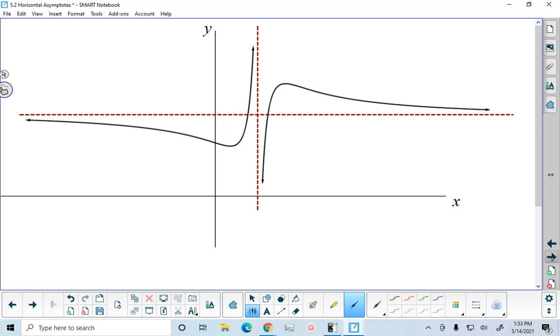X will never be that number. But when you have a horizontal asymptote, y can actually have that value. And you can see here two points, this point on the function and this point on the function, where the graph actually has that y coordinate that is the location of the horizontal asymptote.